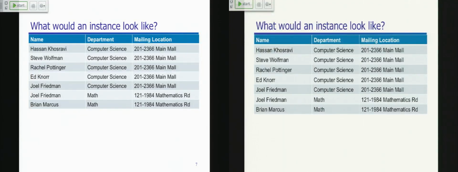What if one of the profs is in computer science but has a different mailing location because they're offset or in different areas? So the question is, what if we have a faculty member in the computer science department, but they have a different mailing location?